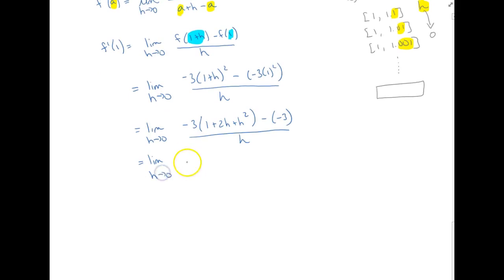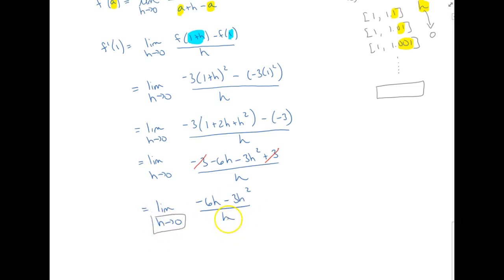Distribute the -3, giving me -3 minus 6h minus 3h squared plus 3, all over h. I notice at this point that the -3 and the 3 will cancel, leaving me with the limit as h approaches 0 of -6h minus 3h squared all over h.